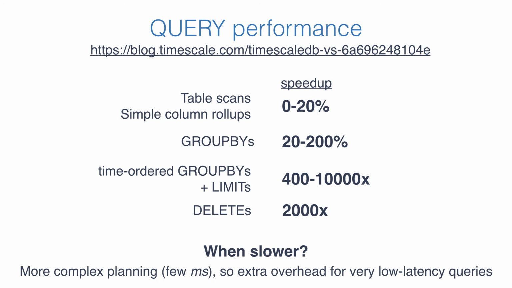So if you are doing really low latency queries, we might not be appropriate, but this is not the kind of queries we see over time series data. Usually people are trying to aggregate the data or operate over some kind of longer time periods. And so this planning penalty really is overshadowed by the other benefits usually.